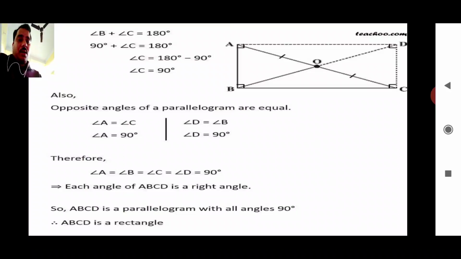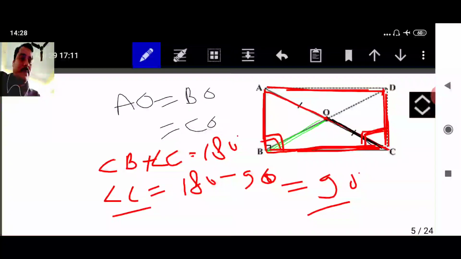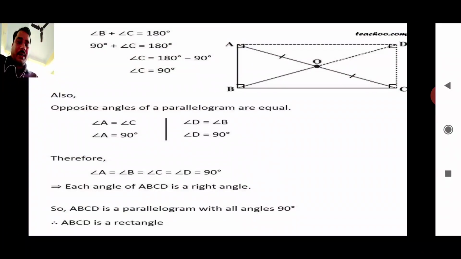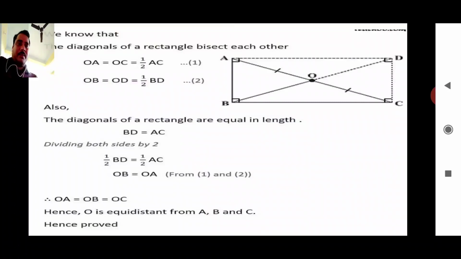Also, opposite angles of a parallelogram are equal, so angle A equals angle C, and angle B equals angle D, which means angle A equals angle B equals angle C equals angle D. All angles are equal and all are 90 degrees. Each angle of ABCD is a right angle, so ABCD is a parallelogram with all angles 90, so ABCD is a rectangle.